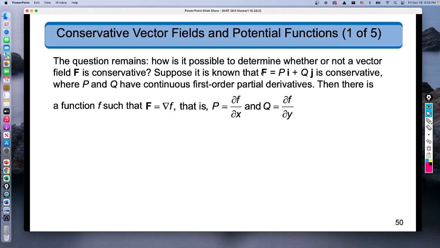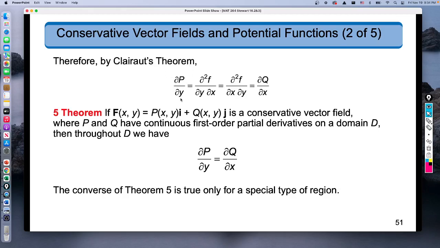Well, let's say we've got this vector field is some function Pi plus Qj. If it's conservative, then P and Q both have continuous first order partial derivatives. So we get this function which is equal to the gradient, right? P would be the partial with respect to x, and Q would be the partial with respect to y.